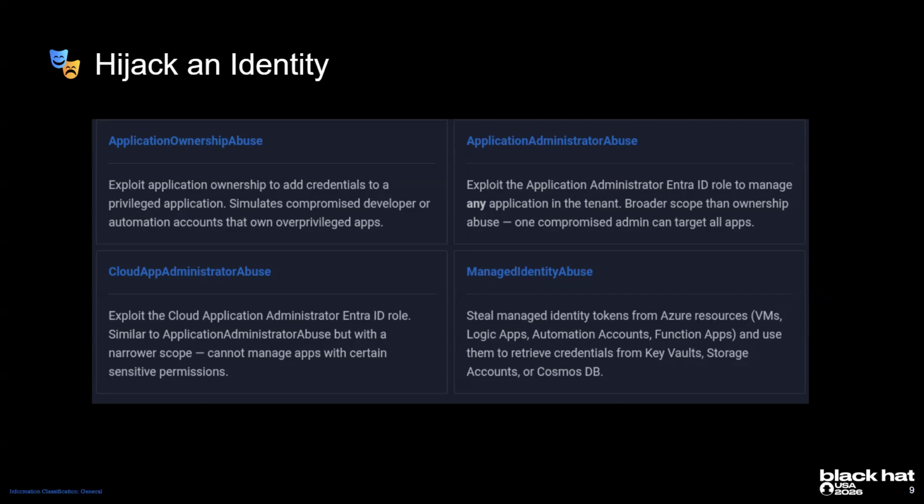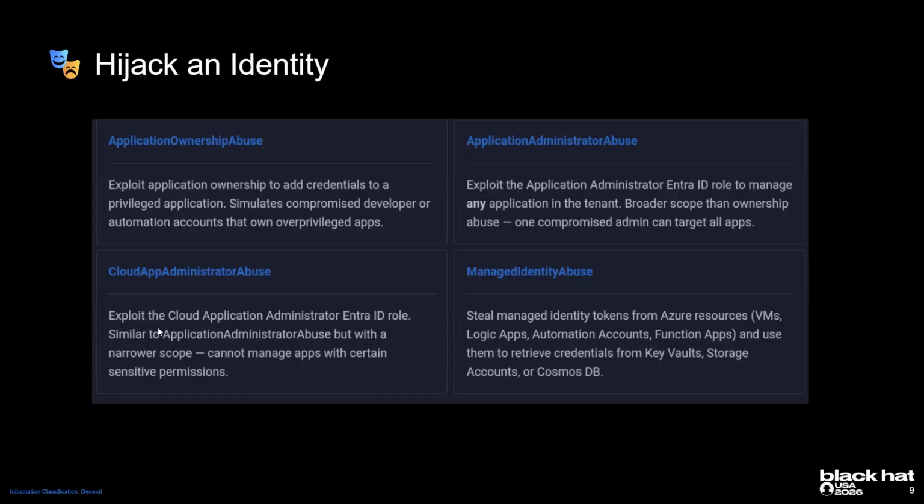For example, application ownership abuse, by which a user who is an owner of an app registration can add a secret and then authenticate as a higher-privileged service principal. Or perhaps managed identity abuse, in which certain resources that have managed identities, if certain permissions are given to users, they can abuse the permissions given to those resources to hijack the managed identity and then escalate privileges.